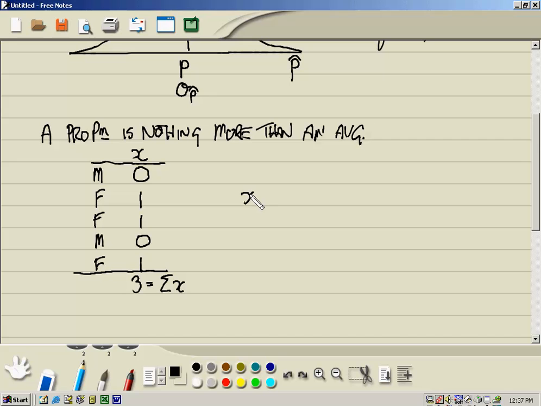So the sample average, x bar, is sigma x divided by n. Sigma x is 3, divided by the number of items in the sample, 5. So 3/5, 0.6. But clearly that's the same as the sample proportion in this group.